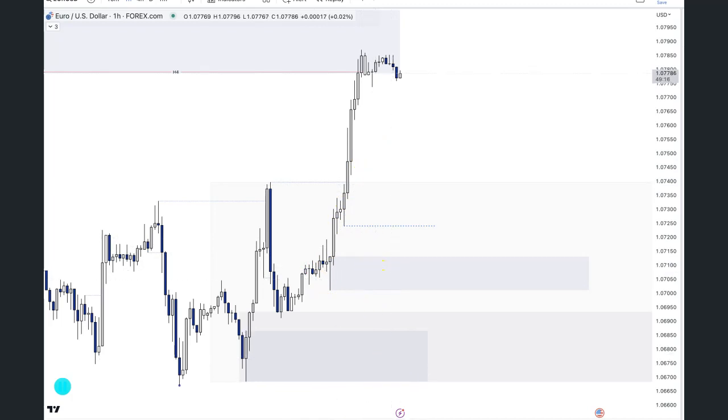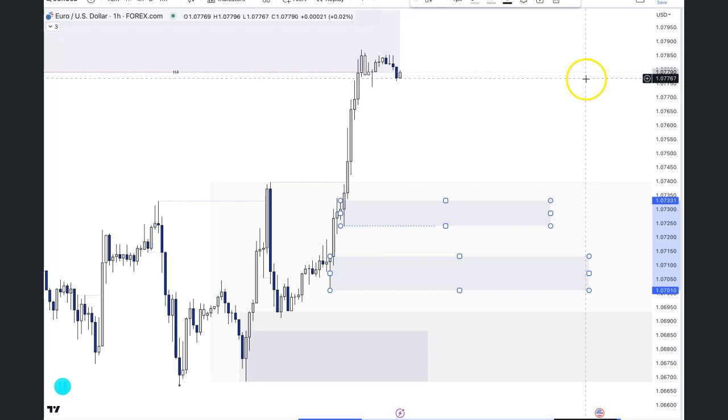There is also this other zone that I might draw here. Again, not the greatest of zones, but we'll be a little mindful when price pulls back to these zones and then see how it reacts. So this is as far as the H1 is concerned.